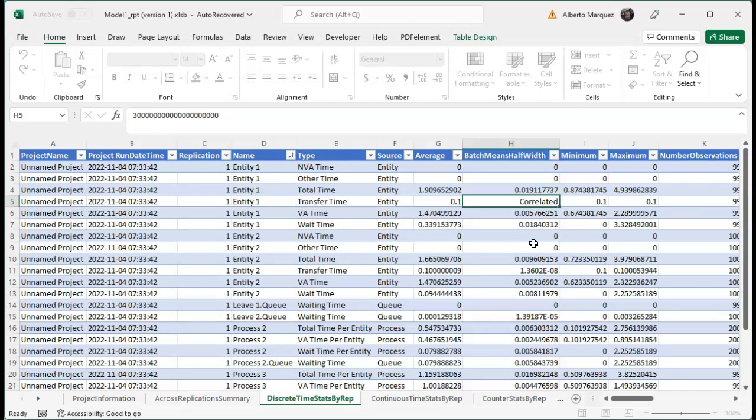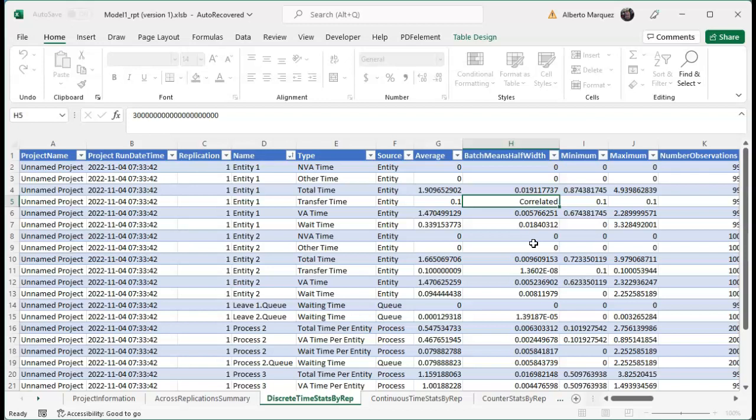Now, the system is not smart enough to know if that should happen or not. It just runs the statistics of one observation to the next, and if there is too much correlation, instead of generating a batch half-width, a confidence interval associated with it, it will give you a flag that says this information is correlated. Look at it with care.